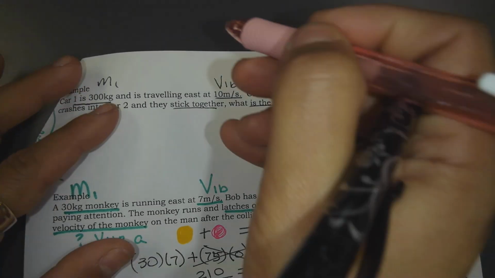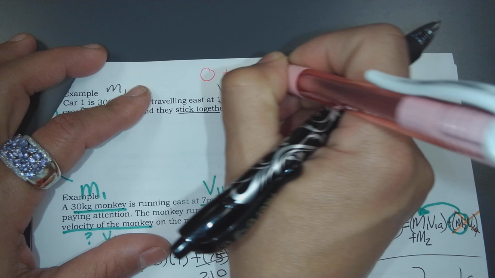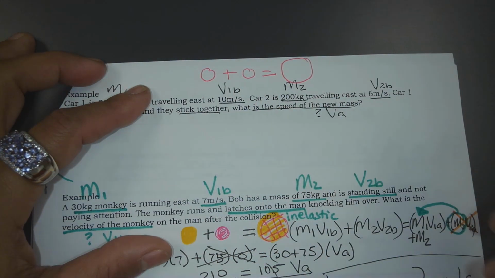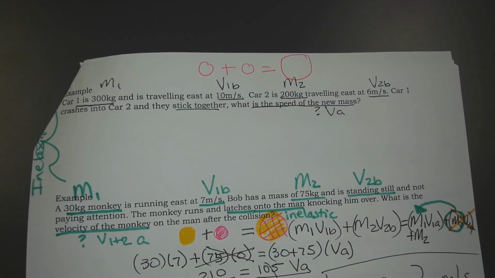So here's what I see. I visually see car 1 plus car 2 gets into this crash, and they become a new big car 1 plus 2. And that means that the conservation of mass needs to be taken into account. My equation that is on the formula chart that you are going to be given looks like this.